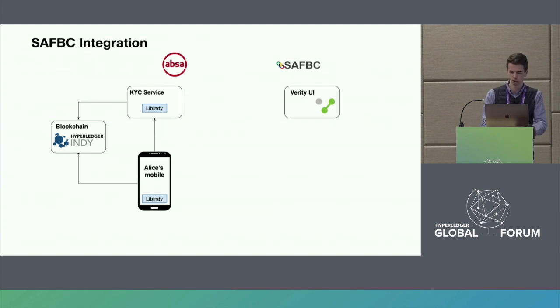And soon, another member of the South African Blockchain Consortium, which was given a Verity UI institutional agent provided to them by Evernym, wanted to integrate with us. We couldn't, because Verity was using their proprietary protocol and we were using our own. So we were not interoperable.